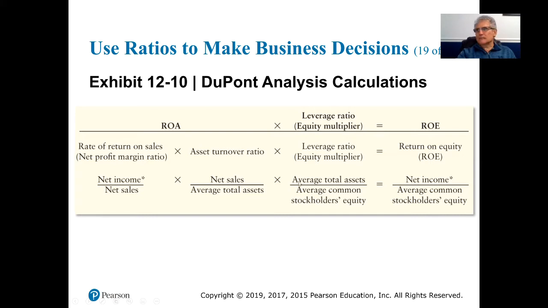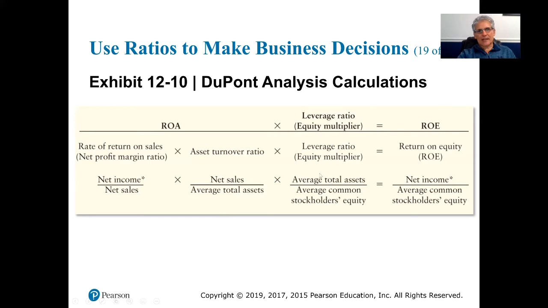Now you can see how this becomes pretty obvious. What the ROE equals in this formula becomes pretty obvious when we're looking at the three terms that are listed on the left side of the equation. If we remember how to multiply fractions and then simplify, you can see that net sales and net sales will cancel one another out.